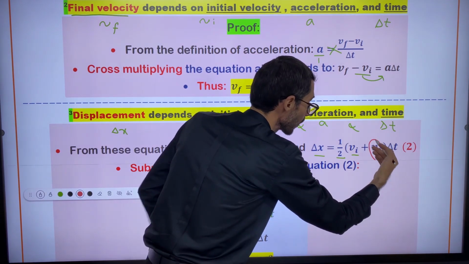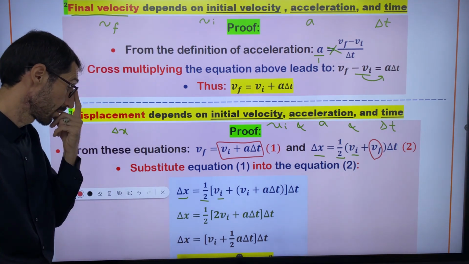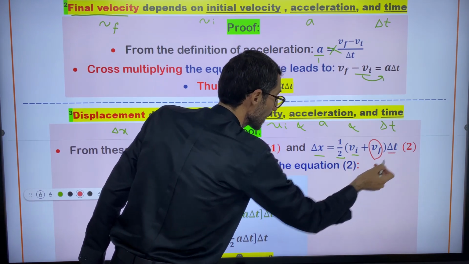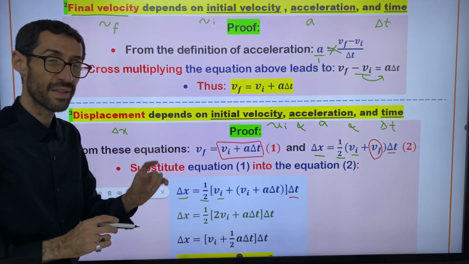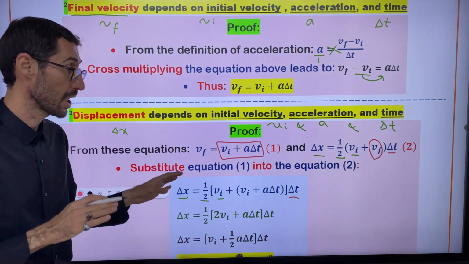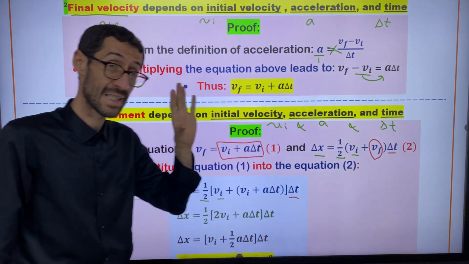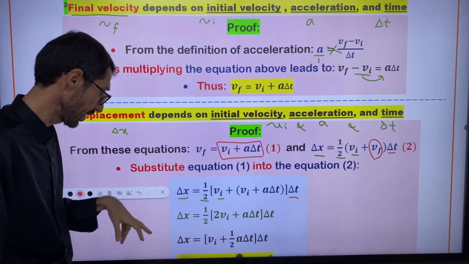Outside of the bracket, we have delta t. You have to mention it here as well. So delta t remains without changing. Only final velocity does not remain as it is.